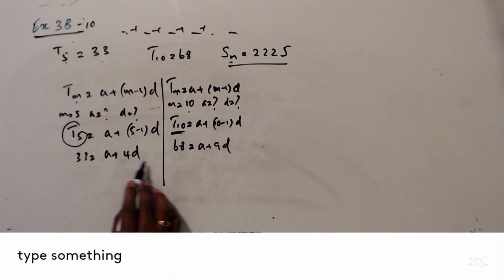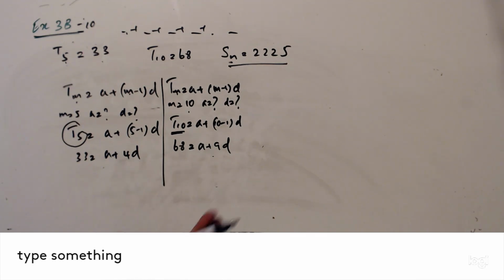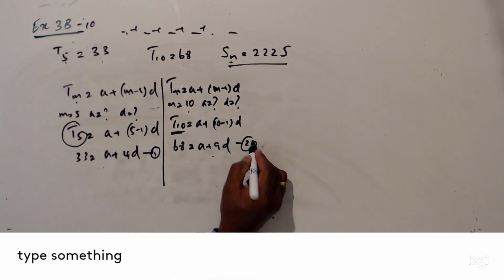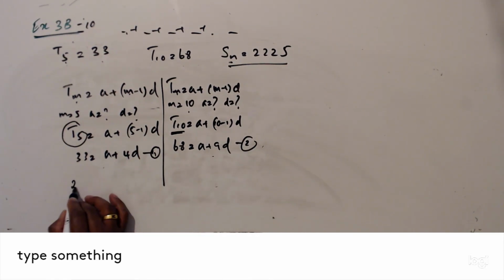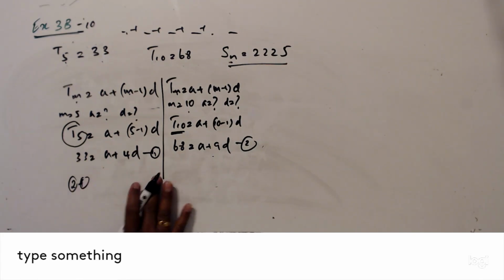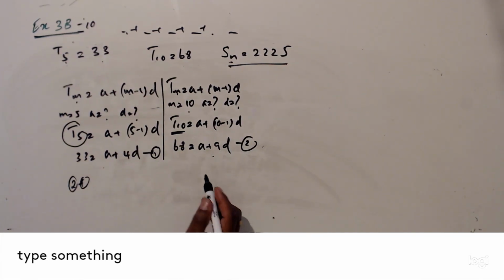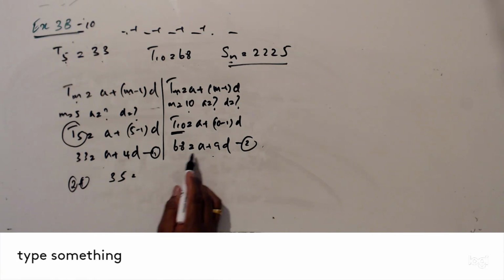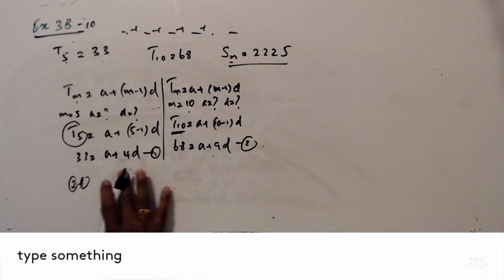Now we have two equations and two unknowns, so we can find a and d. I will take this as 1 and this as 2, and do 2 minus 1. Then 68 minus 33 becomes 35, a and a cancel out, and 9d minus 4d. Actually we have to write this one out, we can't do it like this.